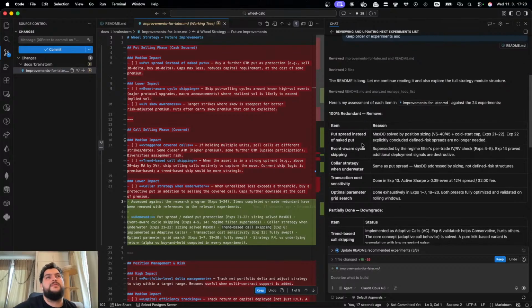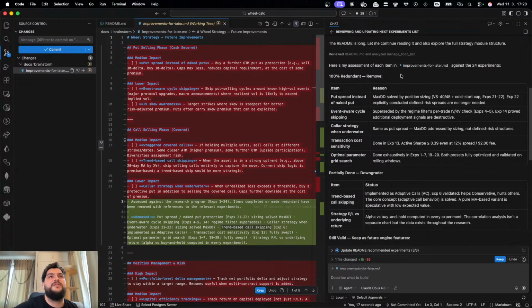Use my assessment of each item in improvements for later. 100% redundant, remove. Put spread instead of naked put. Event aware cycle.